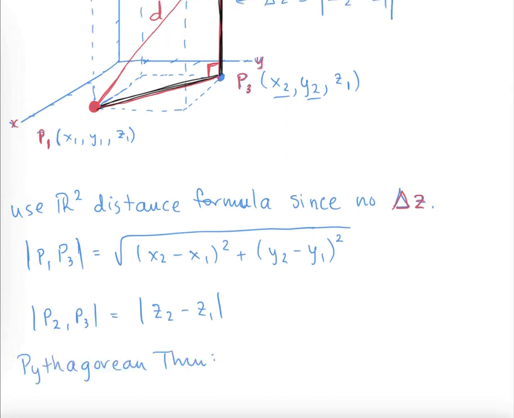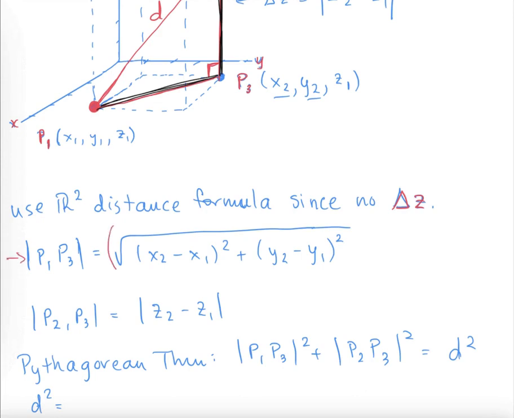Now let's recall that by the Pythagorean theorem, the length of side P1 to P3 quantity squared plus the length of side P2 to P3 quantity squared is going to be equal to the distance that we're after squared. So our distance squared is going to be the P1 to P3 side squared.